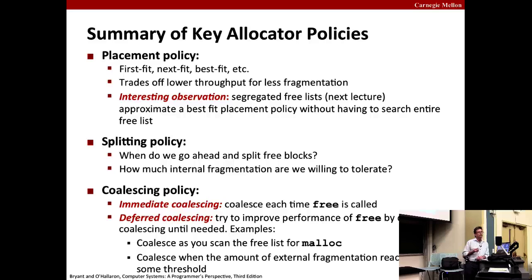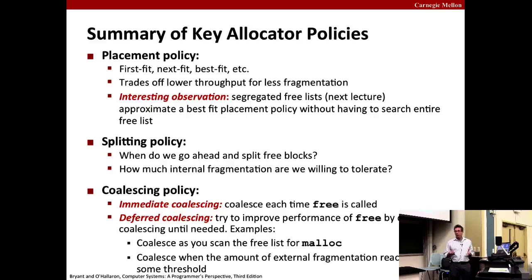You might consider something like good fit, which is sort of a mix of first fit and best fit. Instead of searching the entire heap, you just search some portion of the heap and then cut off the search, and then within that region that you searched, you pick the best block. So that's something called good fit.